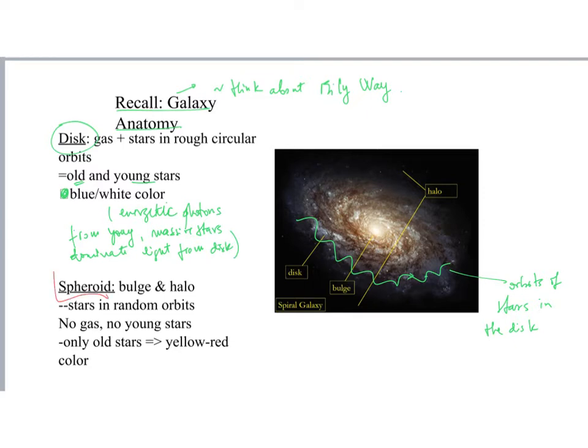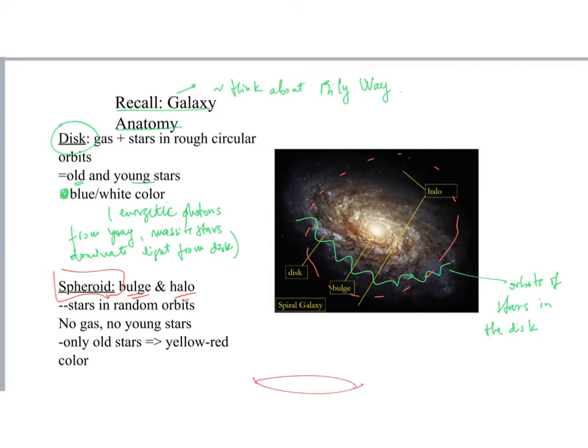While for the spheroid, which is both the bulge and the halo, the spheroidal component that kind of embraces the disk, the stars have those random orbits, right?